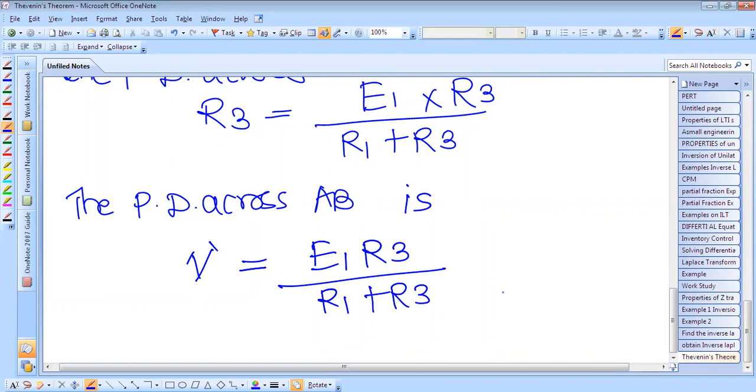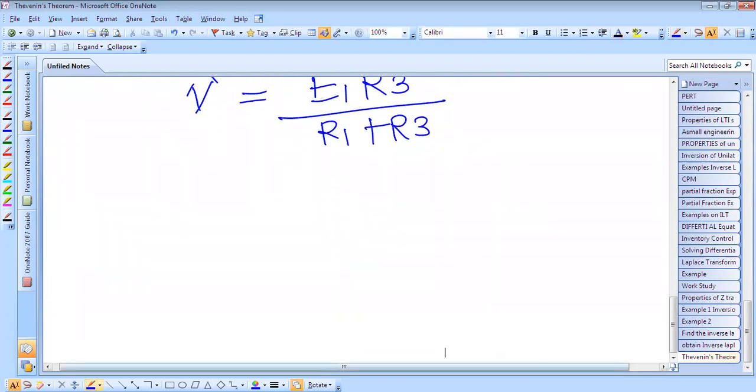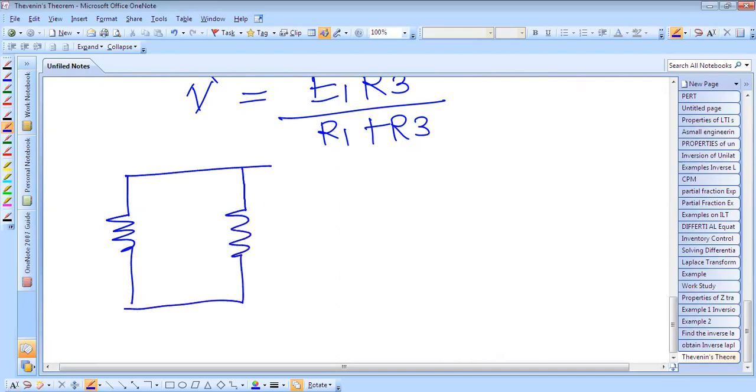Then if the load is disconnected and the battery is replaced by its internal resistance, now we have to calculate the total resistance of the network. How can we calculate this total resistance? We have to replace this voltage source by a short line, because there is no internal resistance for this voltage source, and this is the other resistance.